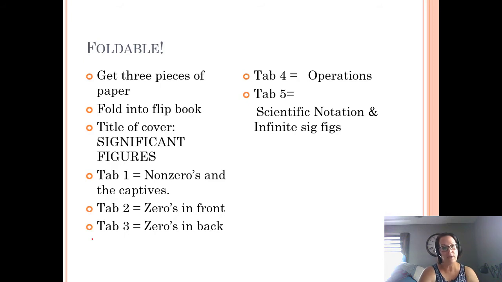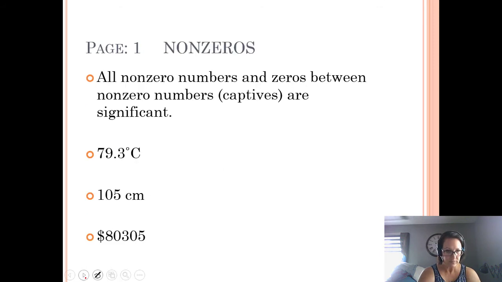The top one's going to be significant figures, then tab 1 is non-zeros and captives, tab 2 is zeros in the front, tab 3 is zeros in the back, tab 4 is operations, and tab 5 is scientific notation and sig figs. If you're just going over the sig figs, you can skip that. And if you need more time, just go ahead and pause it. I think there's a picture of what the flip book looks like also in the folder where this video is.